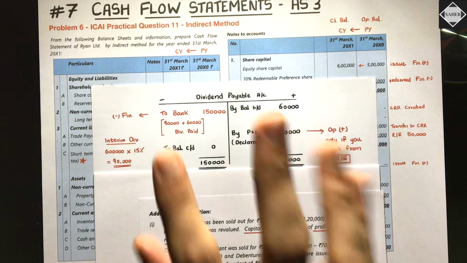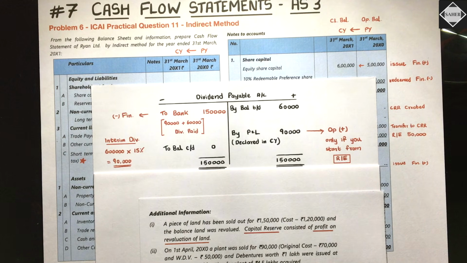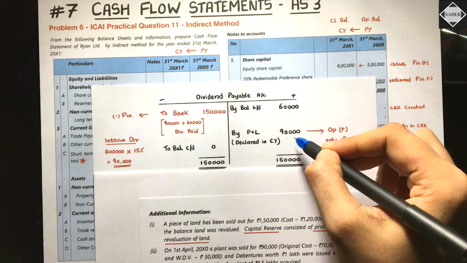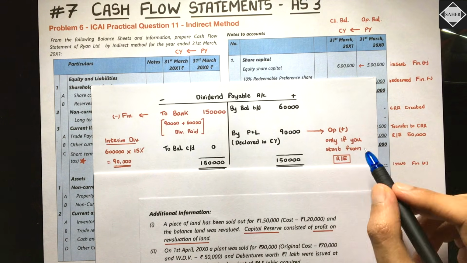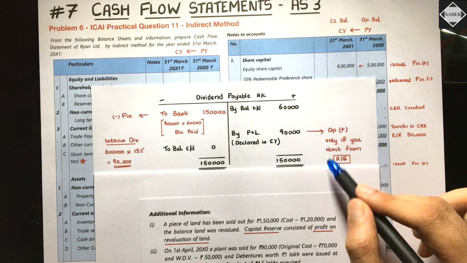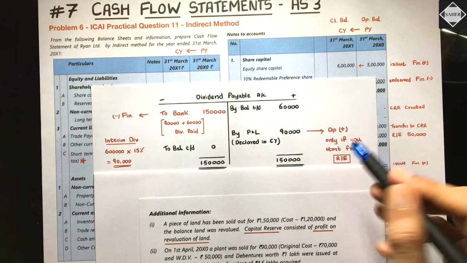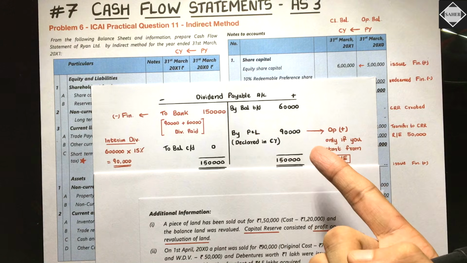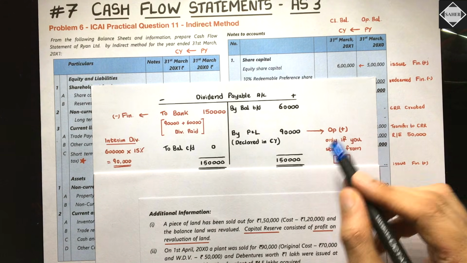Now, how will the impact of this flow to the cash flow statement? It's really simple. Whatever dividend is declared in the current year has to be reversed in the operating activity, because it's a financing thing and it's non-cash also. Here interim dividend is cash, but still it's related to financing, so you have to reverse it.